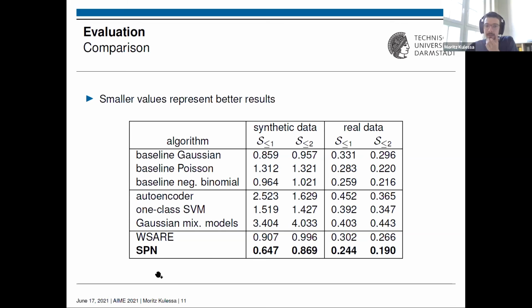As you can see here in the results, we could improve over the state-of-the-art algorithms, and in particular, we could do that on both data sets. Further information on why the baselines work so well can be found in another work of ours.